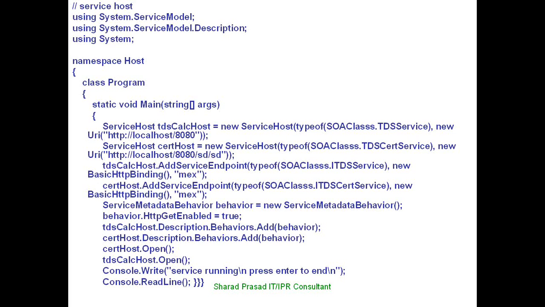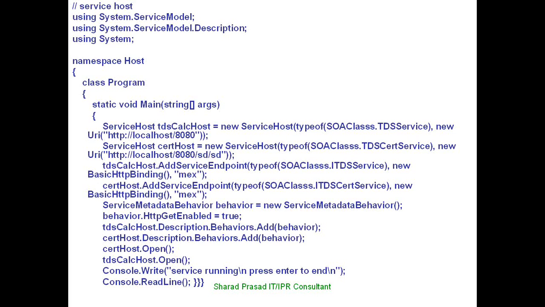Once we have a service host instance created, we need to specify the endpoint. This endpoint is the connection where the client will communicate with the services hosted by this application.